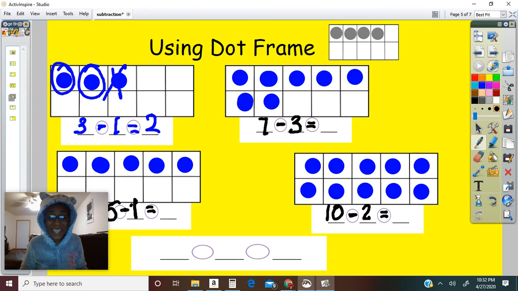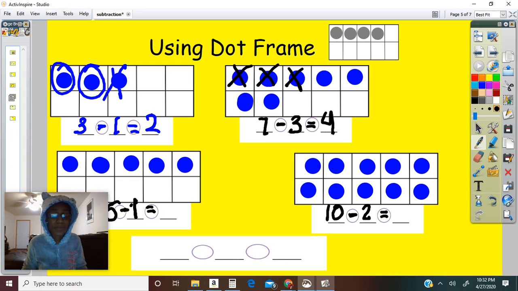All right, let's take it back up to the top. If we have 7 and we take away 3, how many did we have left over? 1, 2, 3, 4. 7 minus 3 equals 4.